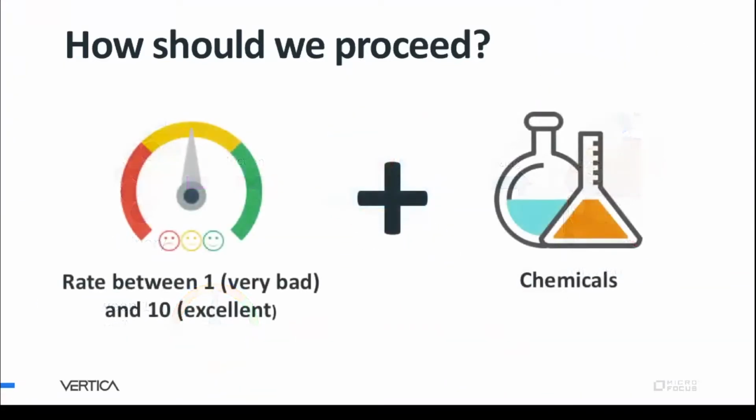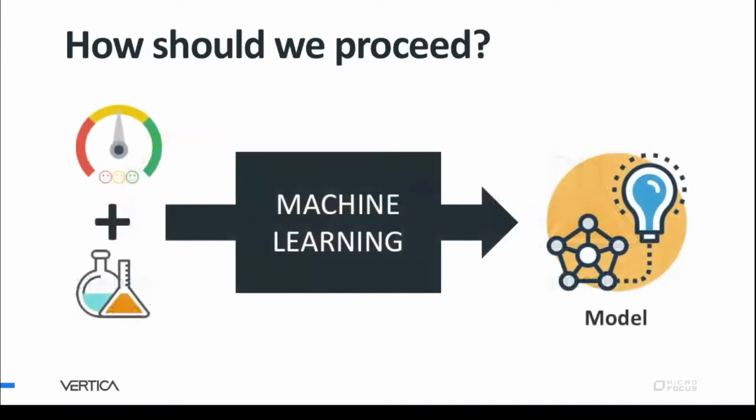And then, thanks to the rate between 1 and 10 and the chemicals, we can build this machine learning model to rate a specific brand of wine.